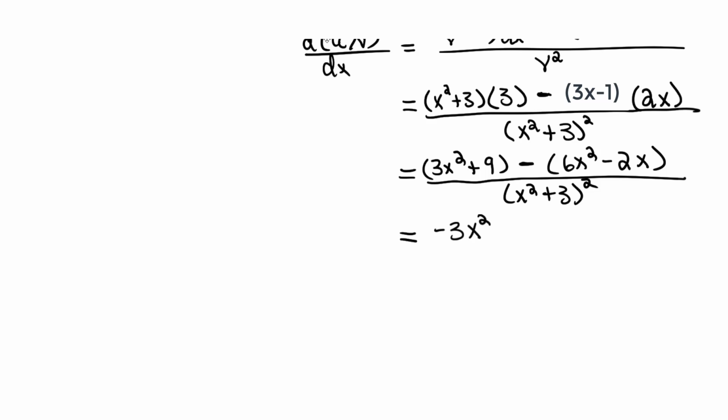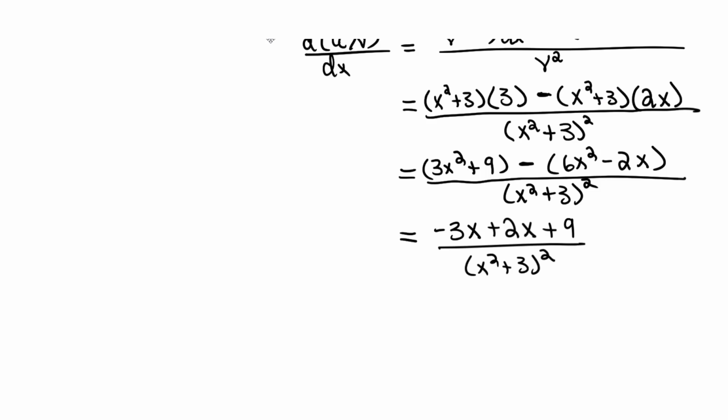Then you do the plus 2x, and that's going to be plus 2x once again, because this negative and negative becomes a positive, right? This negative hits this one, it's being multiplied. Negative times a negative is a positive. So this becomes positive 2x. Then you do plus 9. You keep that last one. Then all of that is divided by what we have at the bottom, which is x squared plus 3 squared.